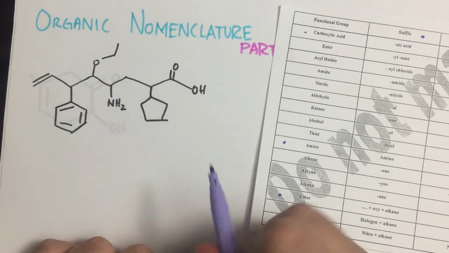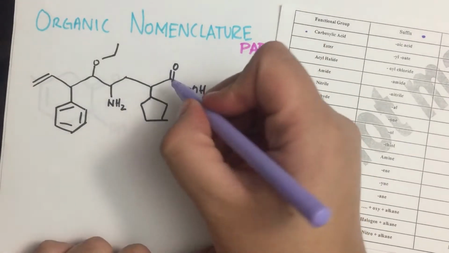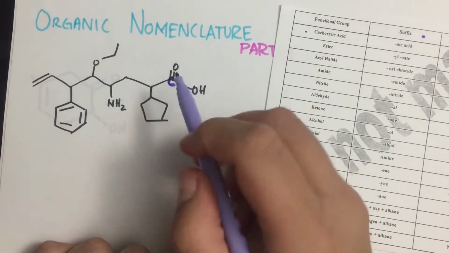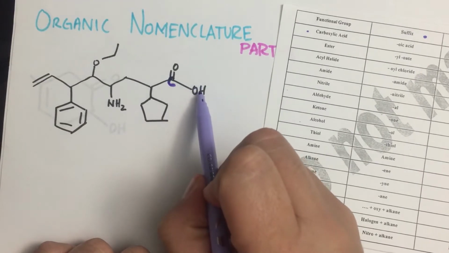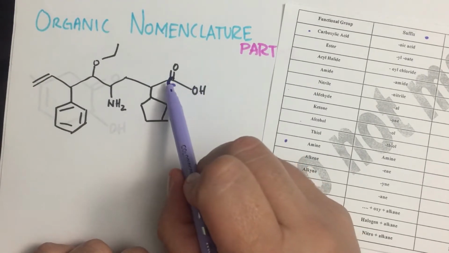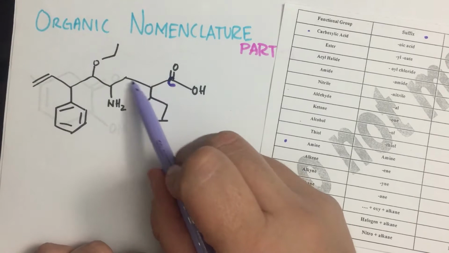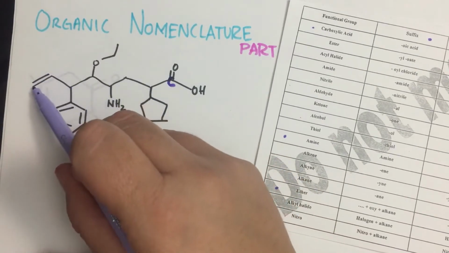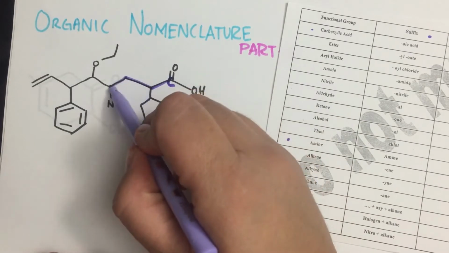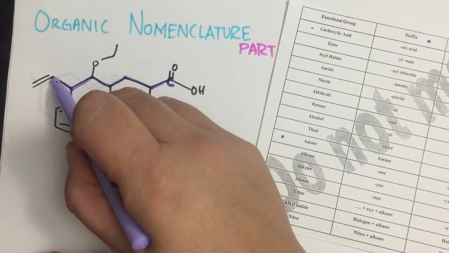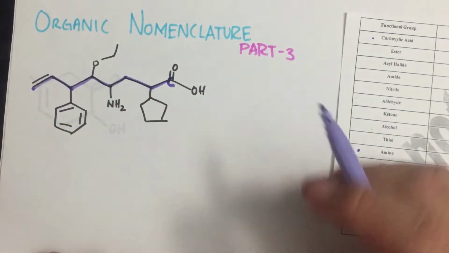As you know, it must start and end with carbons, our first carbon. It's in the carboxylic acid. This is not really a carbon, it's an oxygen, so try not to make that little mistake. Then continue down until you find a terminal carbon. So our parent chain is going to extend and grab as many functional groups as you can until the end.